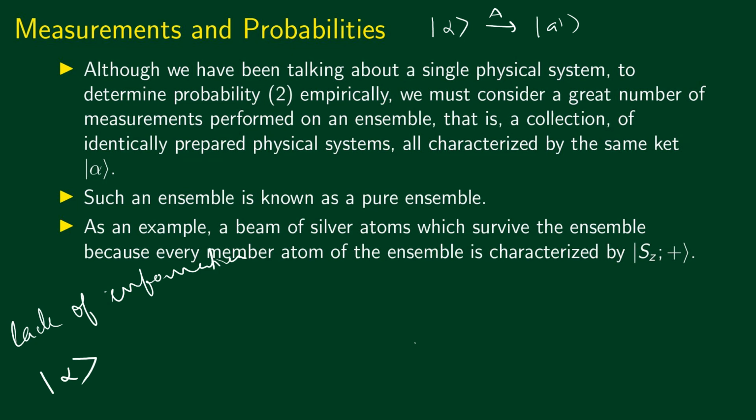But even if you know the exact state of the physical system, we don't know the outcome of the measurement. We don't know the outcome of various measurements. In classical mechanics, if you know the state, you know the outcome of the measurements. These are the same things. In quantum mechanics, there's a deep difference between states and observables.